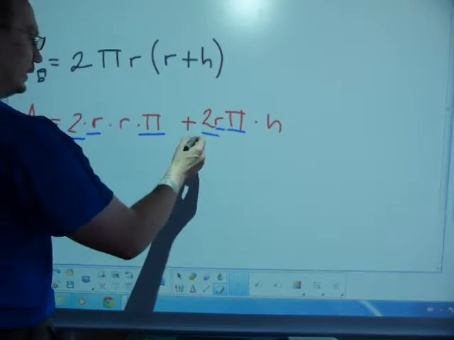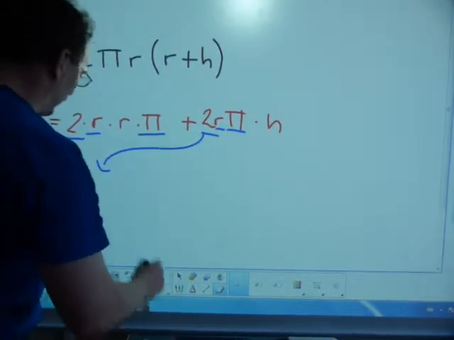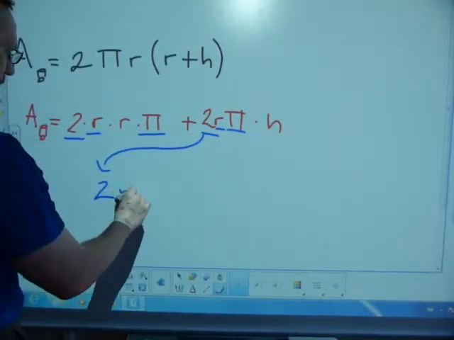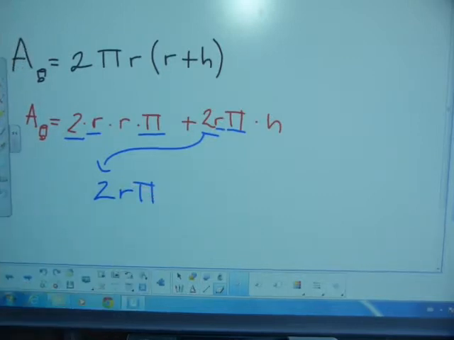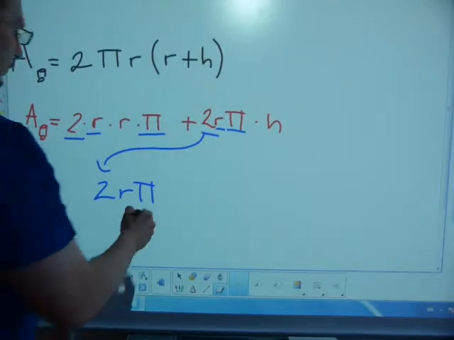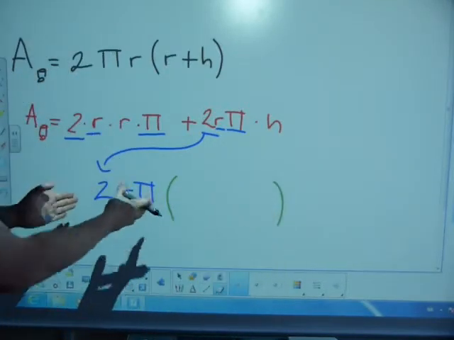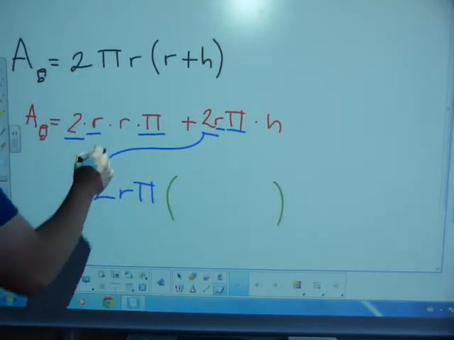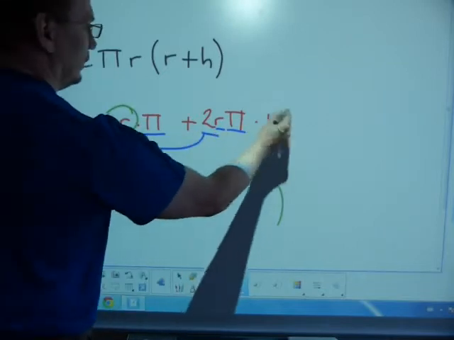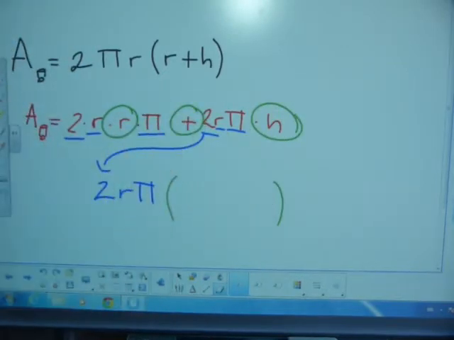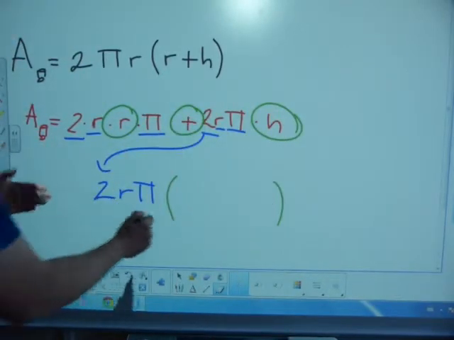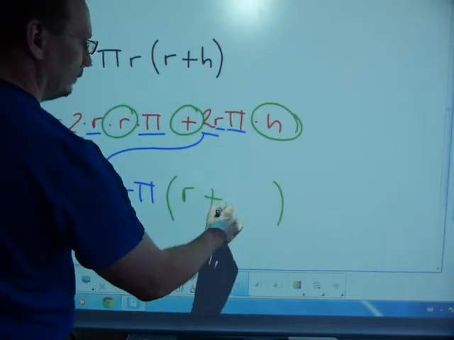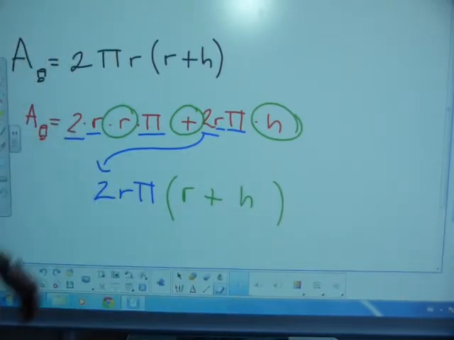So if I group them here and write 2 times r times pi, then what is left and unaccounted for, on the outside of the bracket, is that and that and that. So what we write is radius plus the height. Alas, we got back the formula.